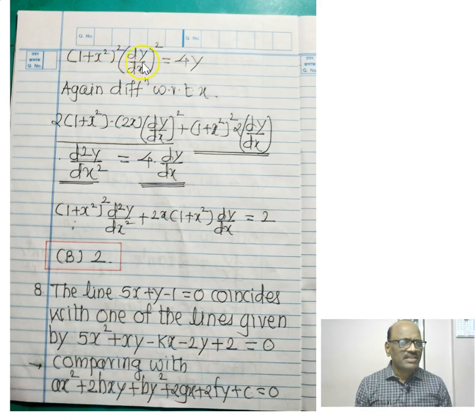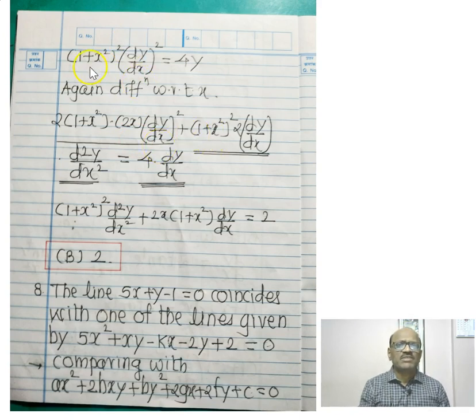Now again, we will apply the product rule. First of all, we find the derivative of (1 plus x squared) squared. Again, here is the power, that is 2(1 plus x squared) into the derivative of 1 plus x squared, which is a composite function. The derivative of 1 is 0 and of x squared is 2x. (dy/dx) squared as it is.